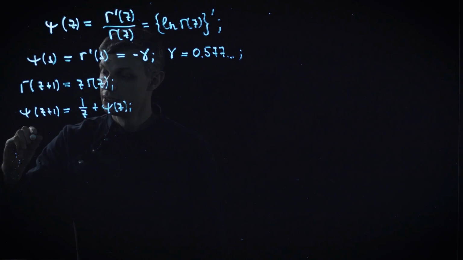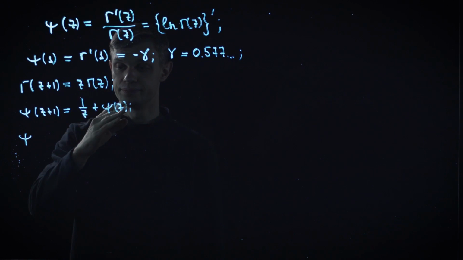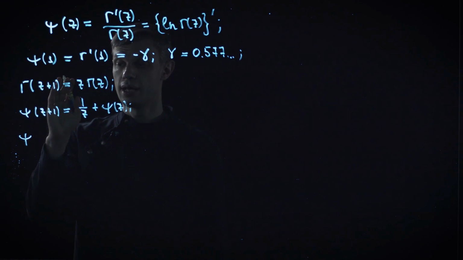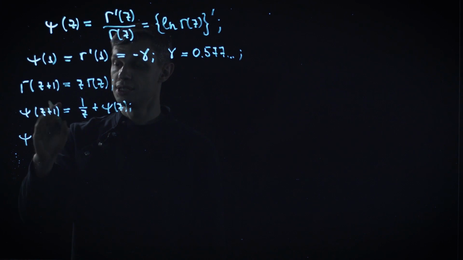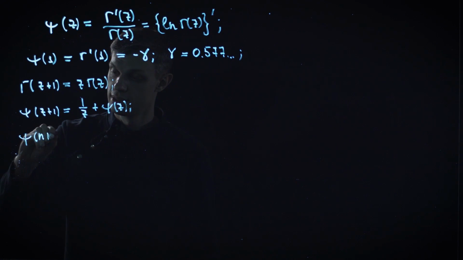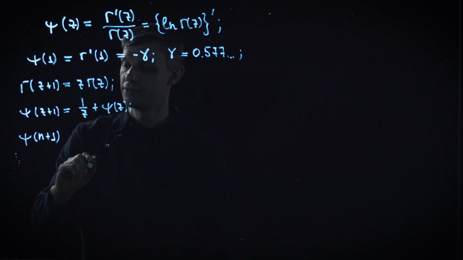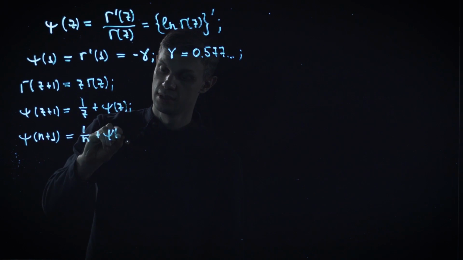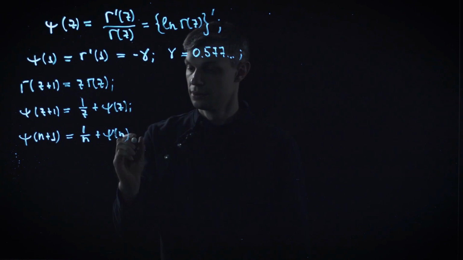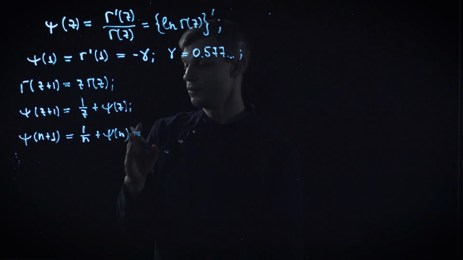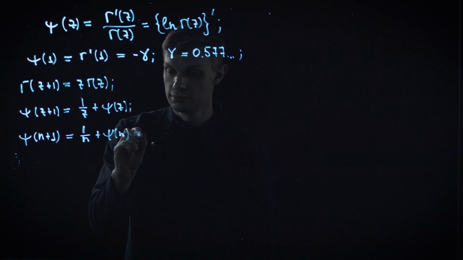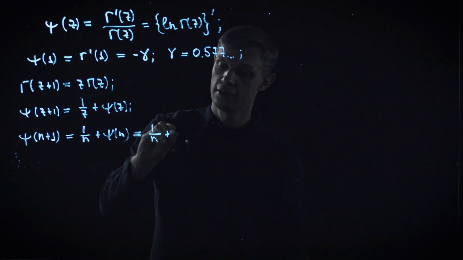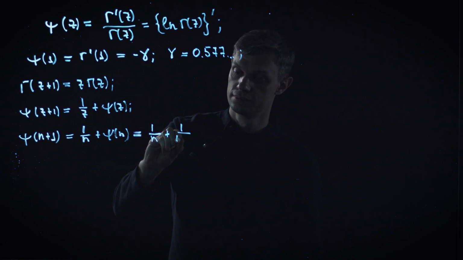And in fact, we can continue this equation, and actually let's write it down for integer z. So psi of n plus 1 is expressed through psi of n, and then if we continue, we get the following chain rule.